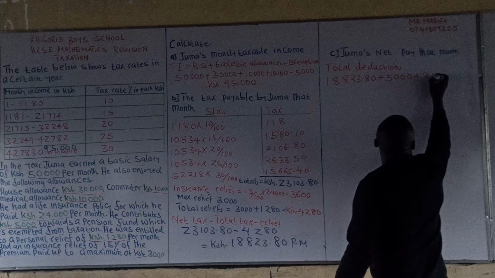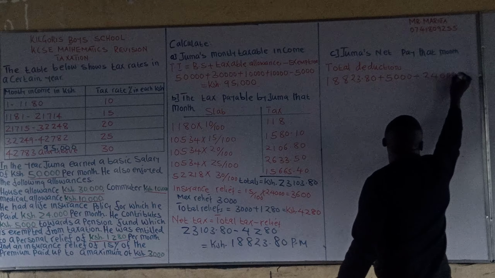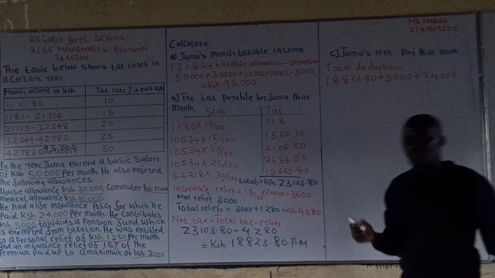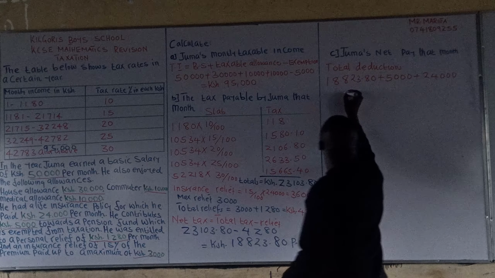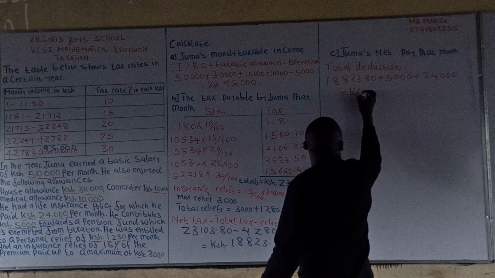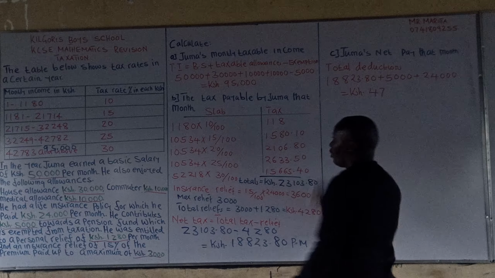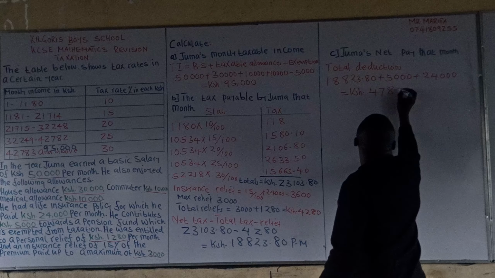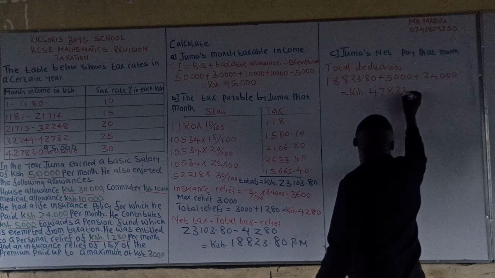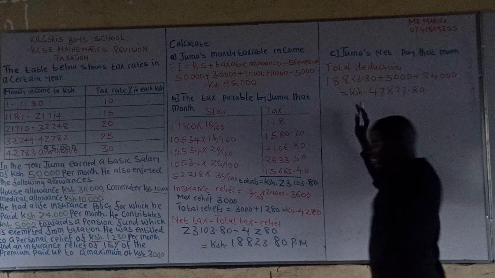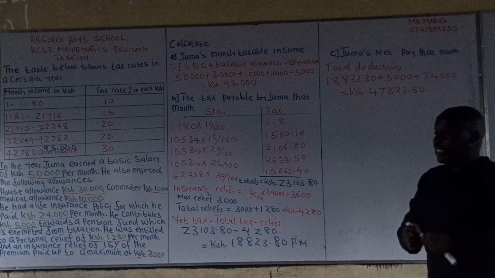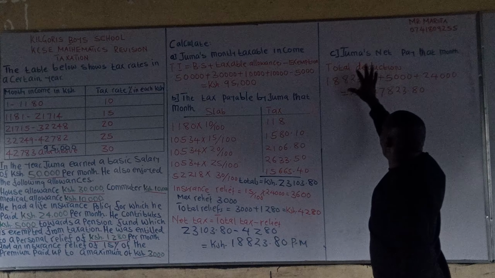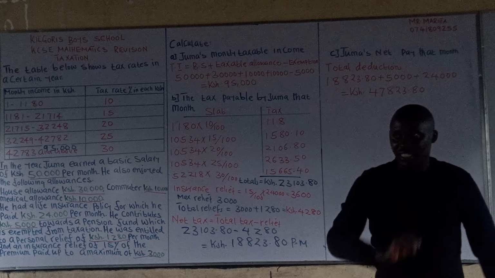So this total deduction will be equivalent to Kenya shillings 47,823 and 80 cents. This is the total deduction taken from Mr. Chuma.